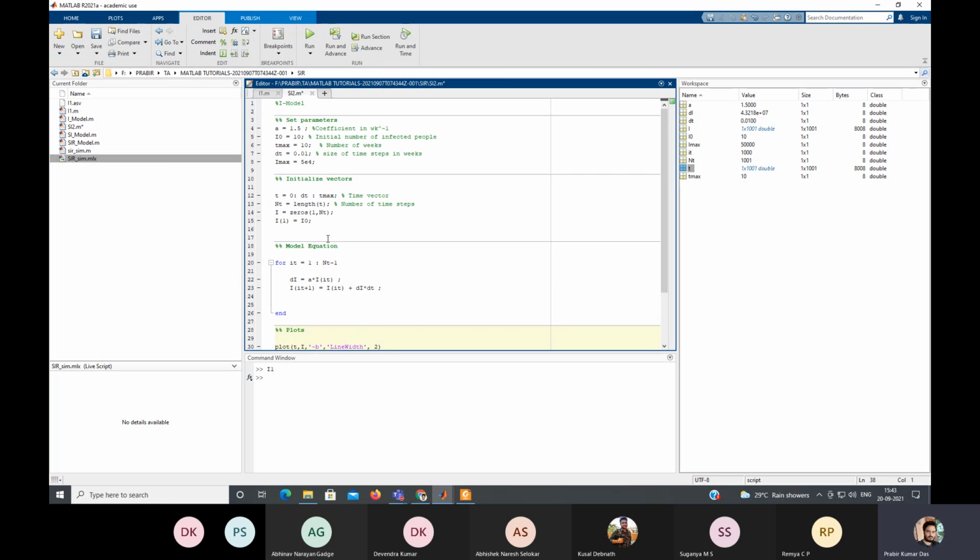We have to change this code a little bit to make it our SI model.